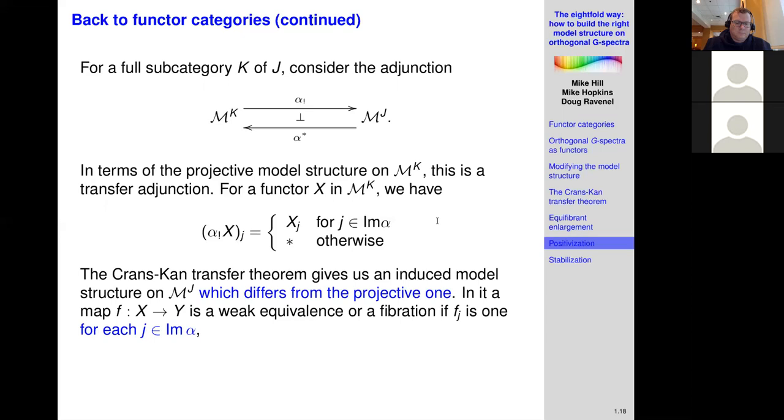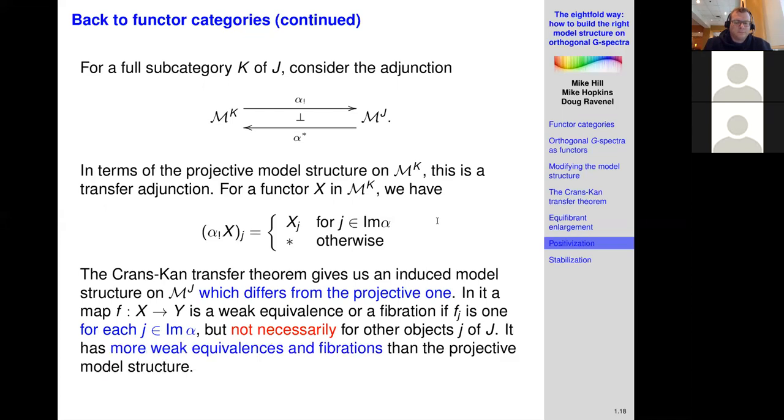We don't care what happens if j is not in the subcategory. So this is a weaker condition for F to be a weak equivalence or fibration. So that means there are more weak equivalences and fibrations than we had before, and that means there are fewer cofibrations.